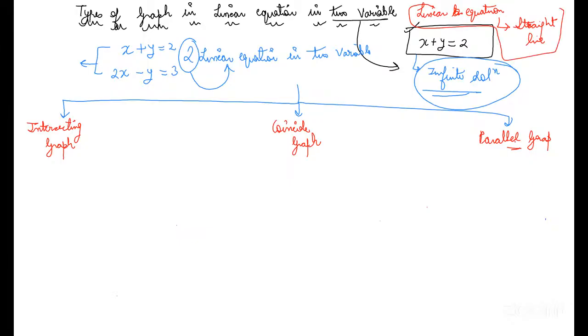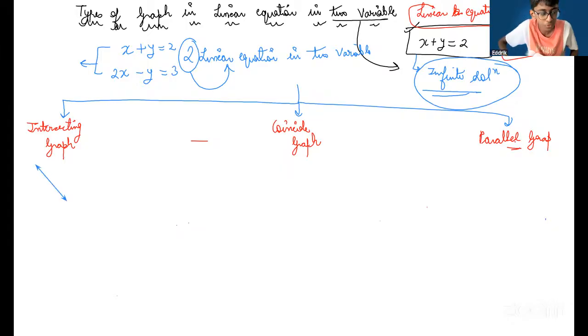Always a straight line. Guys, did you understand? Ira? Yes, sir. Okay. Now, an intersecting graph means the two graphs will look like this.